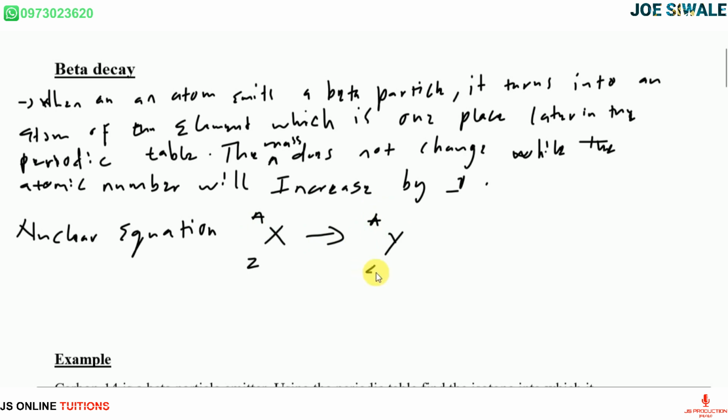So we can say Z plus 1, and Y there represents the symbol of the daughter nuclide, plus an electron there, which is power 0 and negative 1. So if we write down this nuclear equation, we know that the element has emitted a beta particle.